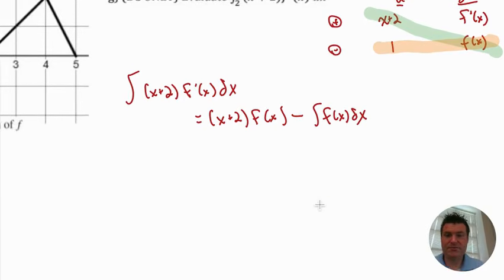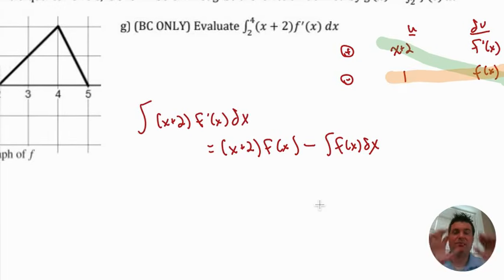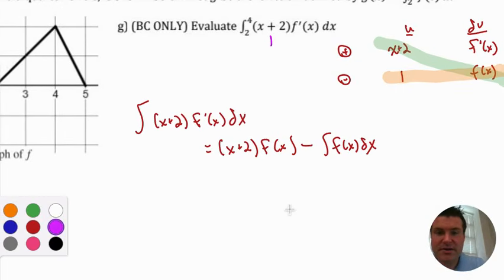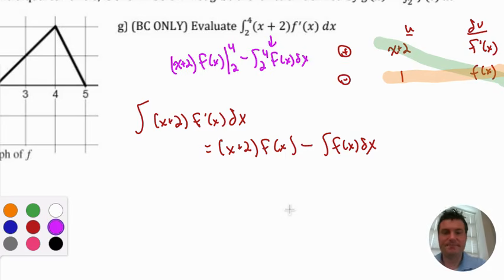So here we go. So now let's put this now in our problem with our bounds. So we can say that this right here is the same thing as x plus 2 times f of x with bounds from 2 to 4 minus the integral from 2 to 4 of f of x dx.